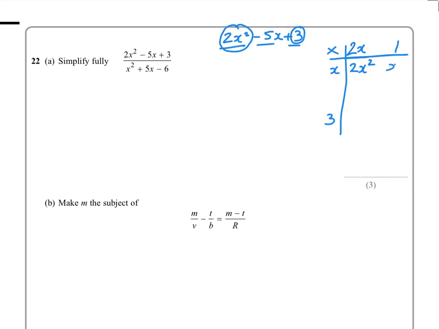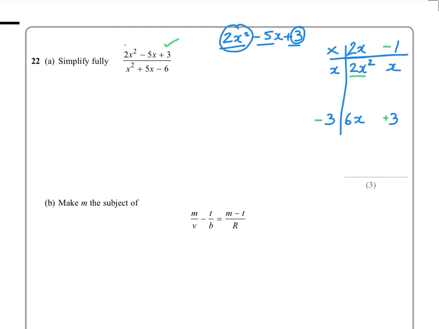So multiply the grid out, and you'd have 2x squared, 6x and x is 7x, and then you're in trouble. But the 1 times the 3 was fine. So can you see a little change you can make to that grid to get the answer? So let's just go back to here. Well, if you were to think carefully, -1 times -3, that's positive 3.